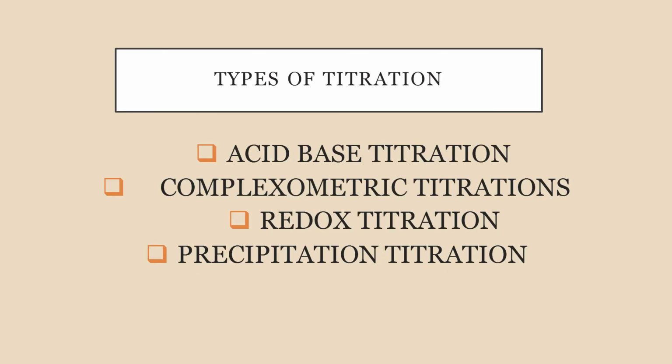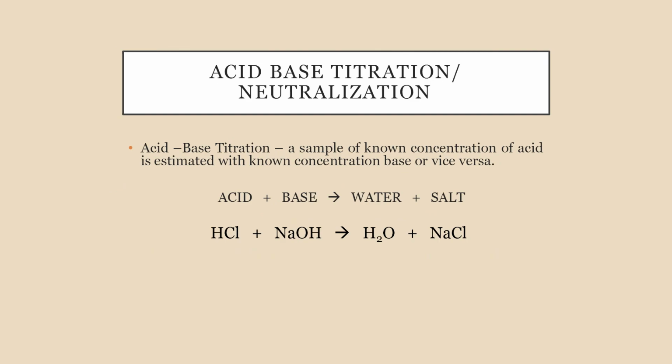Okay, so types of titration: you have acid-base titrations, complexometric titrations, redox titrations, and precipitation titrations. But most commonly, what we are going to encounter now is acid and base titrations. Acid-base titration can also be referred to as neutralization.